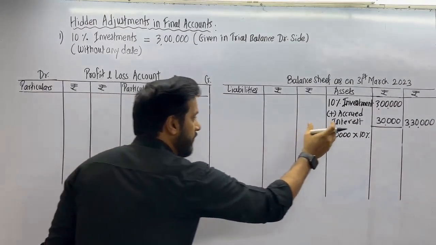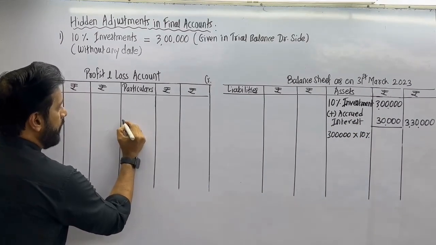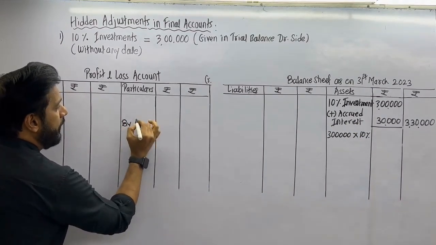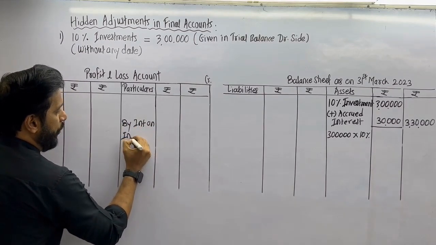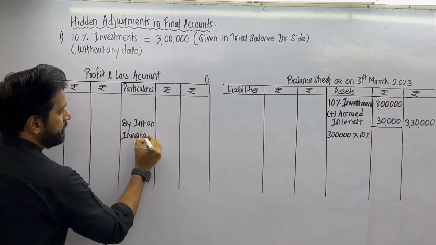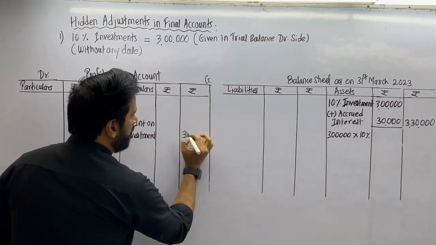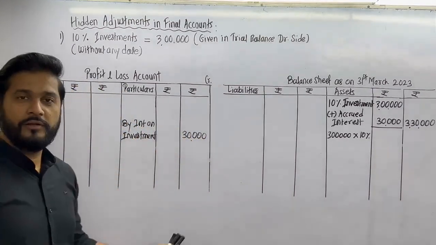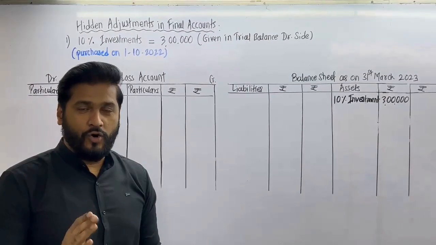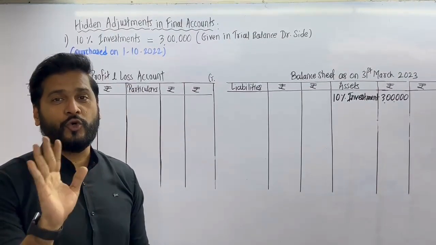The second effect of this accrued interest would come here, and you will write in the profit and loss account interest on investment directly on the outer column. Simple. Hope you have understood the first type where there was no date.